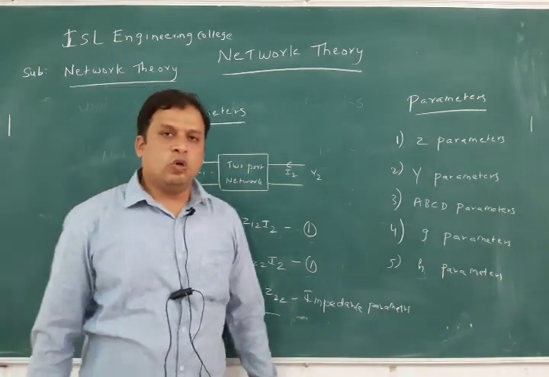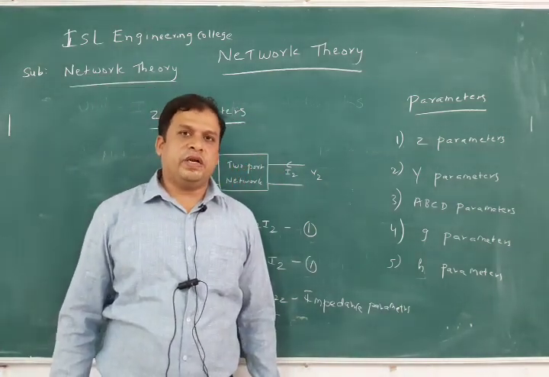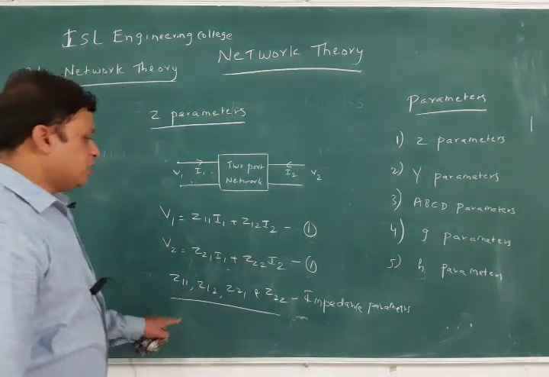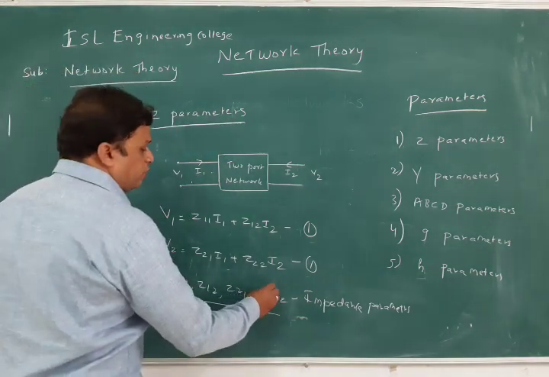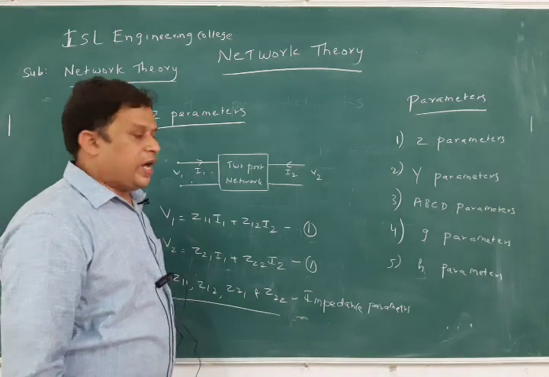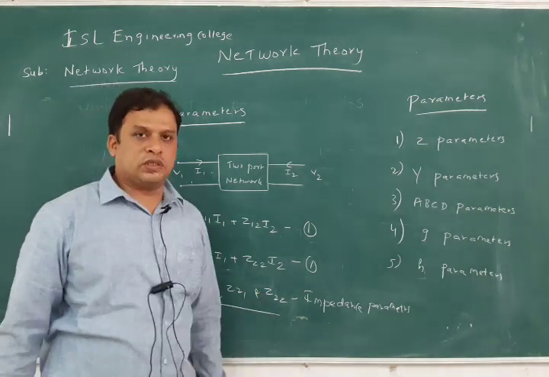We can say it as open circuit parameters or impedance parameters or Z parameters, because the letter Z is used for denoting the impedance and the units of the Z parameters are ohms.